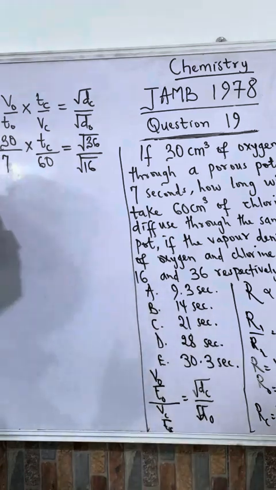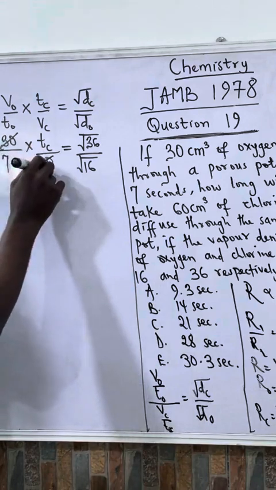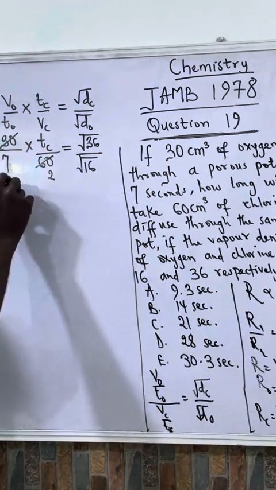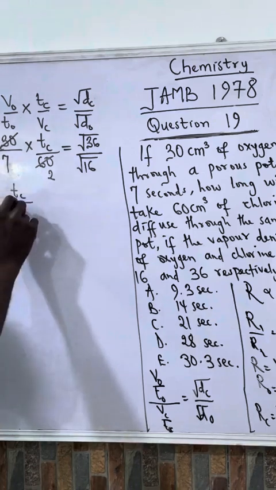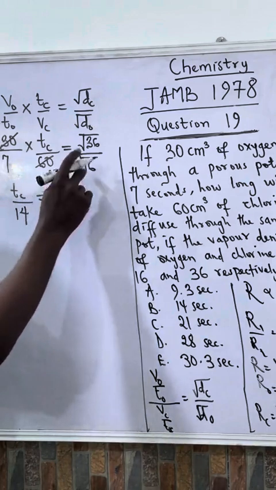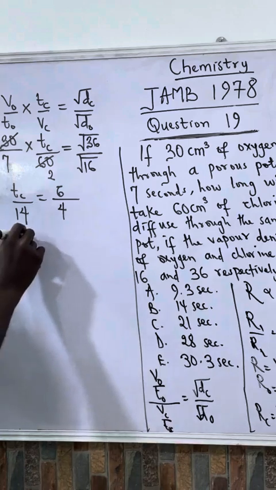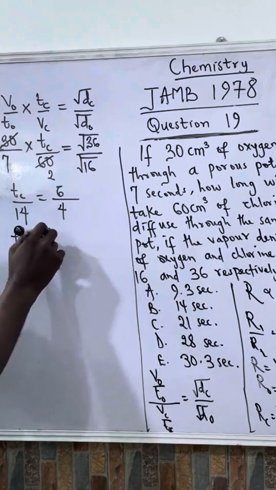So from here, we can simplify and get our answer. First of all, 30 here 1, 30 here 2. So here we have TC all over 2 times 7, that will be 14, equal to square root of 36 is 6, and square root of 16 is 4. So I will have TC equal to 6 all over 4.